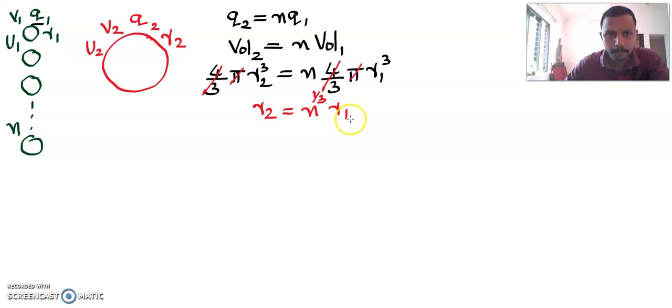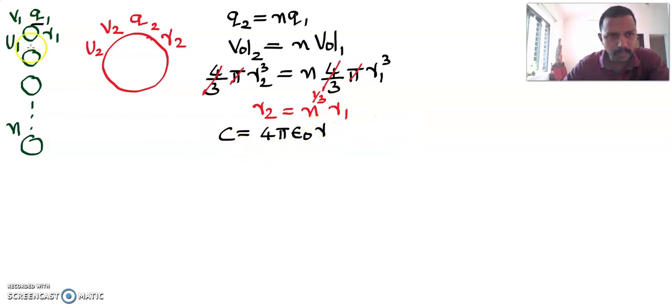Then, let's speak about the capacitance. What is the capacitance of a spherical conductor? As we all know, the capacitance of a spherical conductor is 4 pi epsilon 0 r. We have learned it recently.